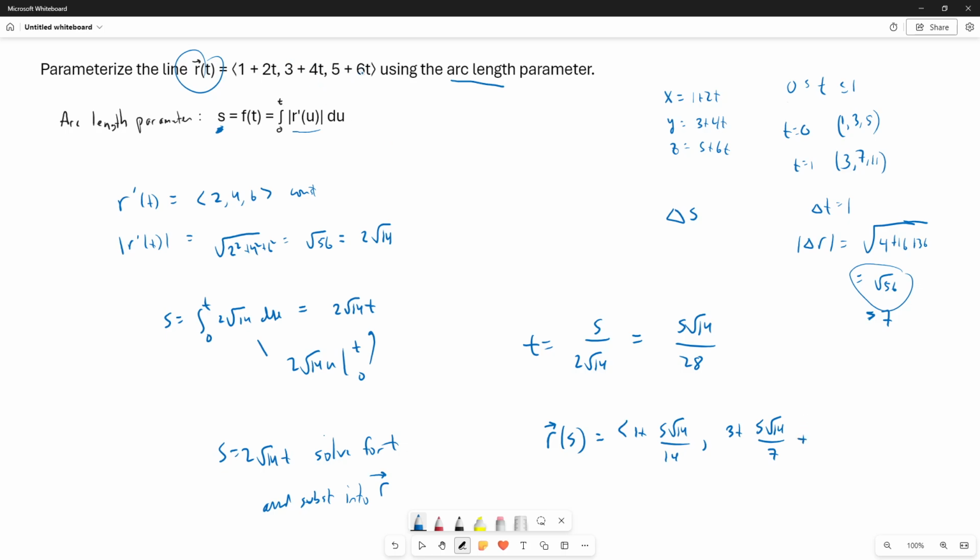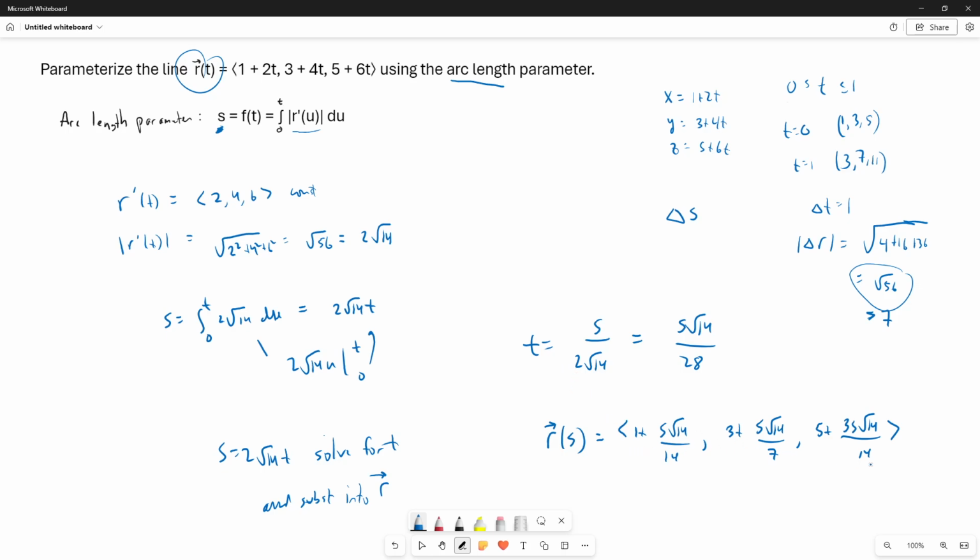And then 5 plus 6 times t, with a comma there. If I multiply this by 6, we cancel a 2 and there will be a 3, so there's 3s root 14 divided by 14. So we can write the line in this way. Now if s changes by a certain amount, then r of s will also change by that amount.